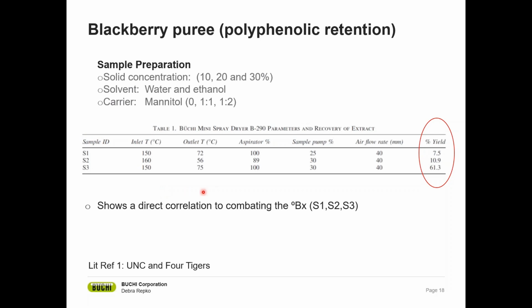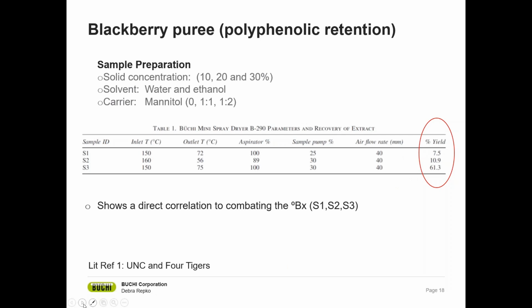Pretty similar inlet temperature, resulting outlet temperatures were similar as well. The first run had a very poor yield because the blackberry puree was very high in brix. So we ended up adding mannitol in a 1-to-1 ratio, and then in a 1-to-2 ratio. And thereby increasing the amount of encapsulant, we made an unsuccessful spray drying day a successful spray drying day.